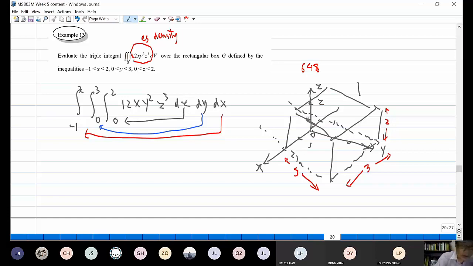Okay, so integrate the inner integral first. -1 to 2 and 0 to 3. Integrate with respect to z first. You get 12 x y square z power 4 over 4. Okay, this is z from 0 to 2.